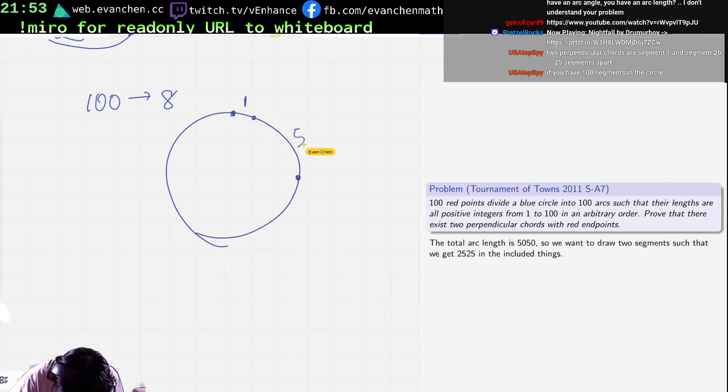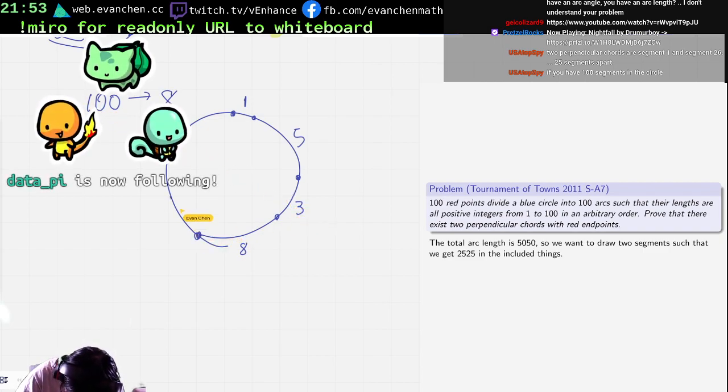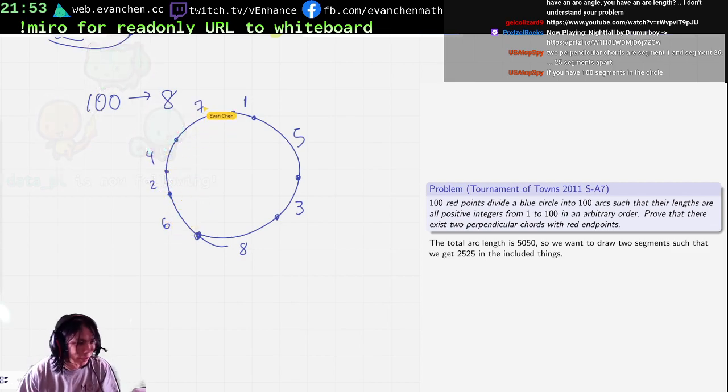This is 5. I boxed myself into a quarter. Okay, so that's an example of what the circle would look like with 100 replaced by 8.